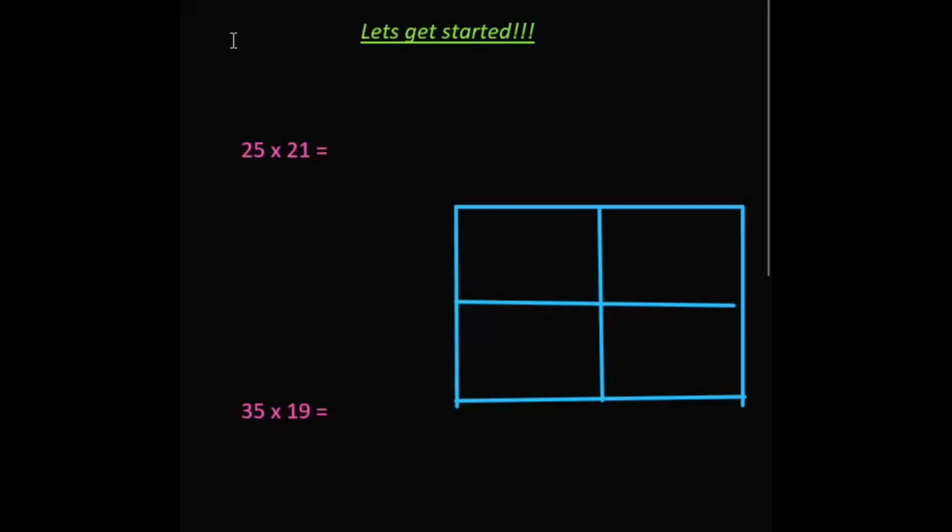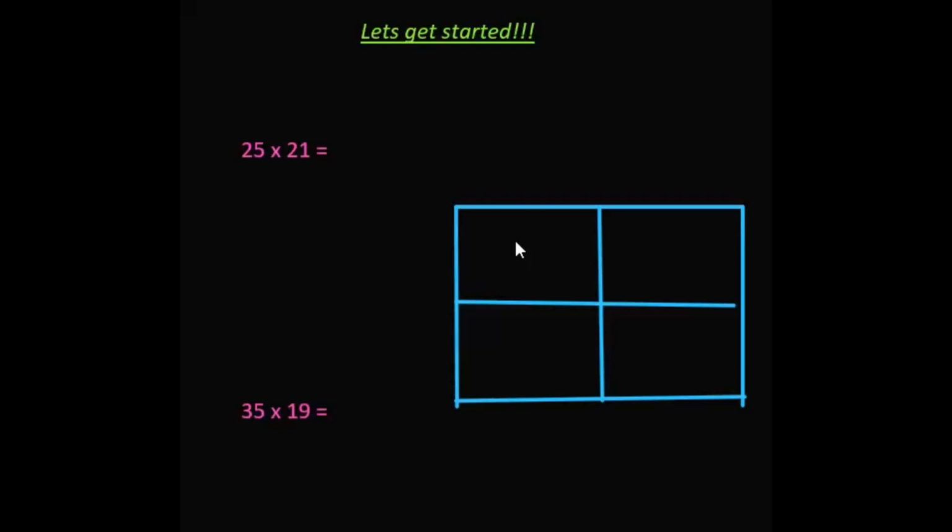So the first equation is 25 times 21. We can multiply this with the vertical multiplication method, or we can use this area model I drew down here. So we're going to use the area model. This is how an area model looks. If you want, you can write this down or draw it somewhere, just to remember.